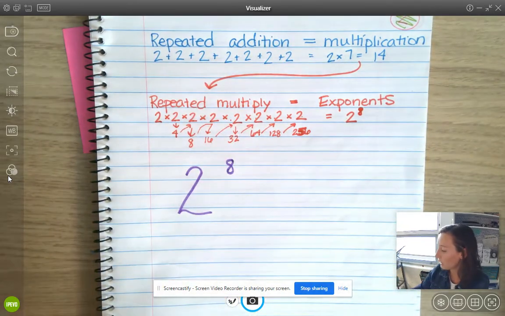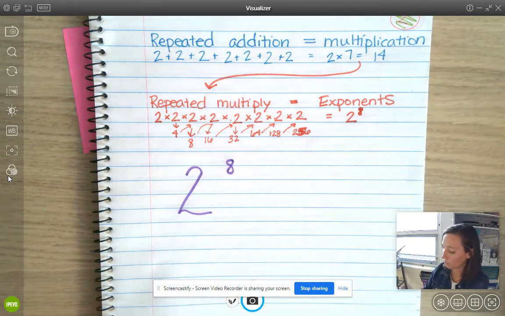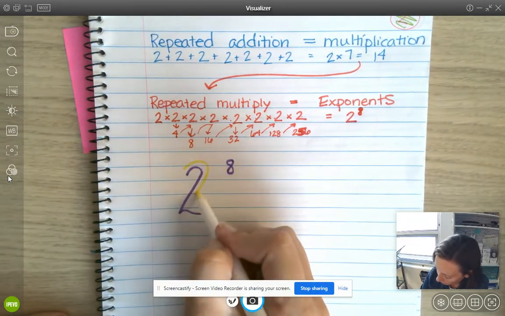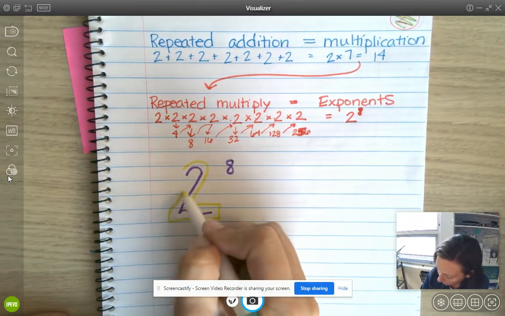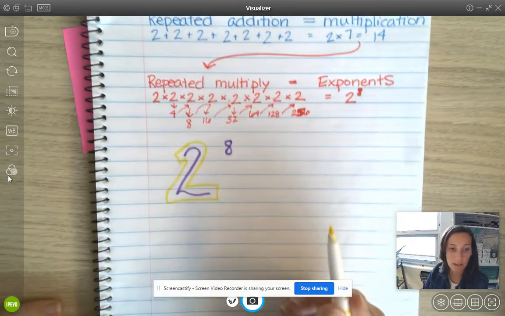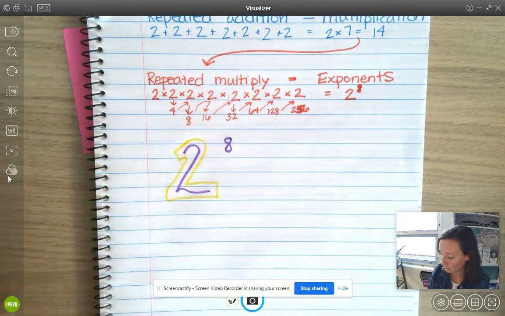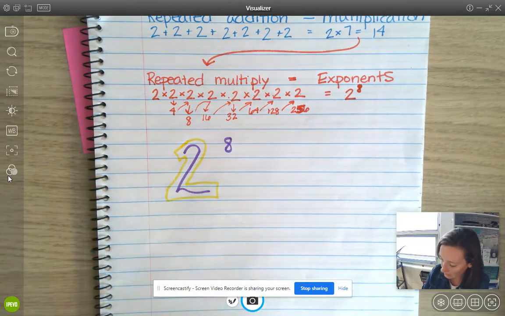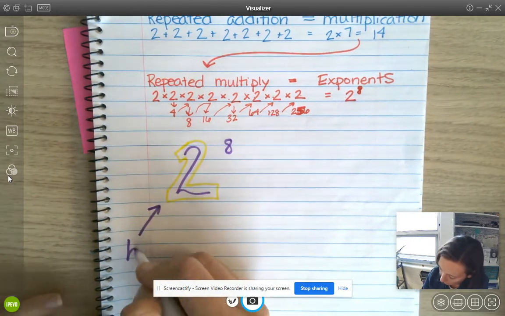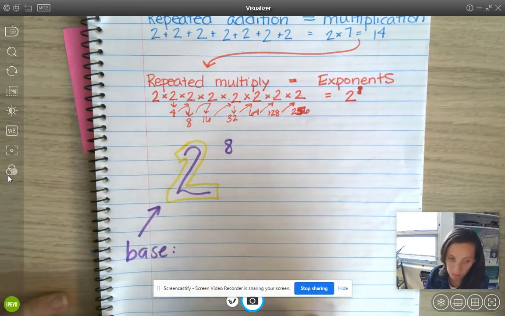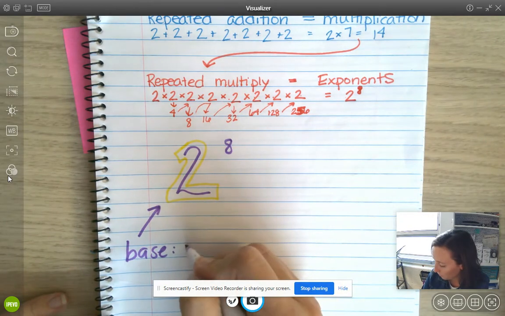This 2 right here, I'm going to go around it in yellow, that is the base. We call that the base. The base is the number that's going to be repeatedly multiplied.